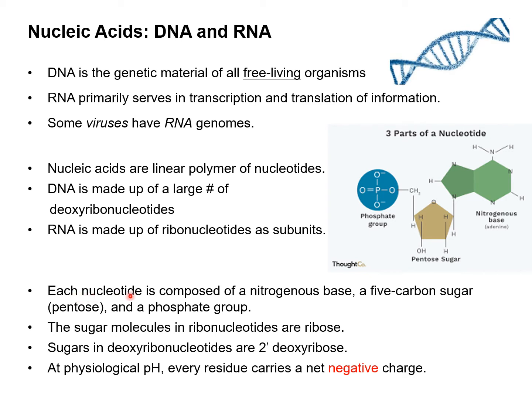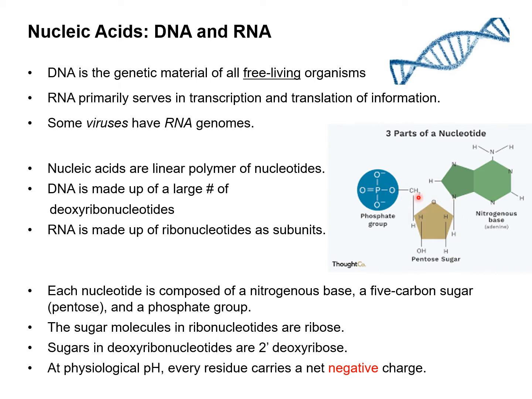And each nucleotide is composed of a nitrogenous base, as you can see here as an example. It shows adenine, and a 5-carbon sugar that is attached to the nitrogenous base, which is called pentose sugar, and also a phosphate group that is attached to the pentose sugar.